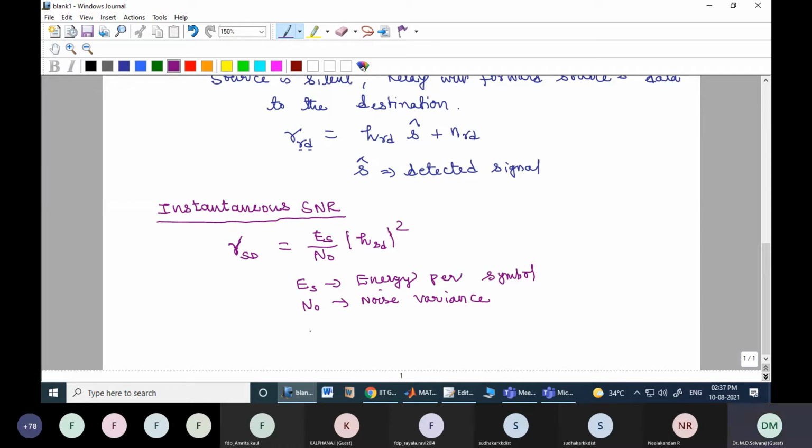And what is this H? This is mod of H square.